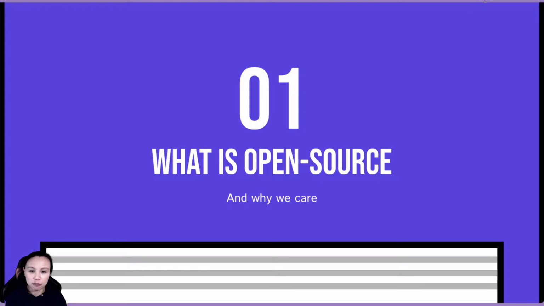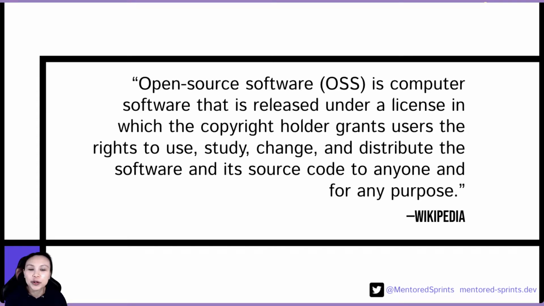So first, what is open source and why do we care? According to Wikipedia, open source software is computer software with a special license that gives people the right to use, study, distribute the software, and change its code. Of course, there are some restrictions.